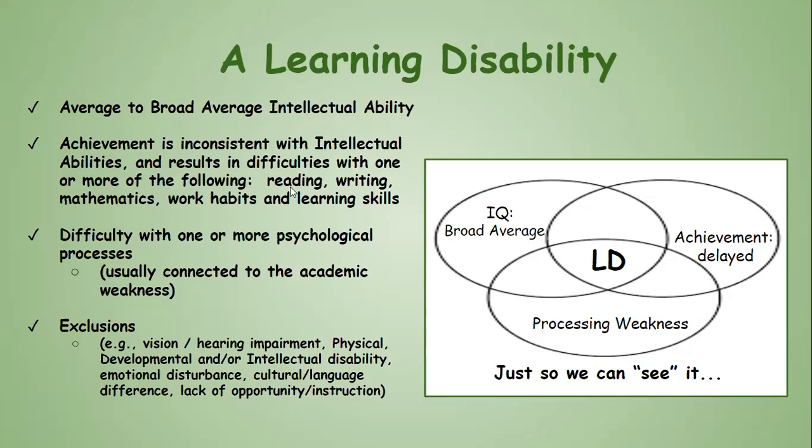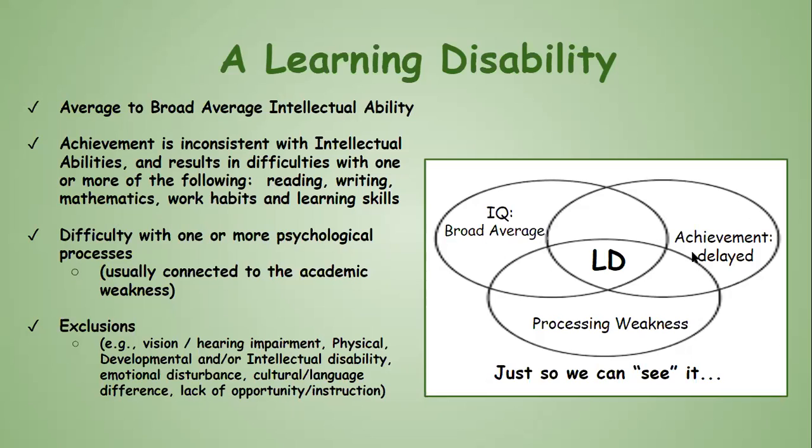And we're looking at achievement only in the areas of reading, writing, and math. Generally, work habits and learning skills are also impacted, but we diagnose learning disabilities in these three areas: reading, writing, or math. For example, you can't have a diagnosed learning disability in, say, science or geography, okay? It has to be in reading, writing, or mathematics.